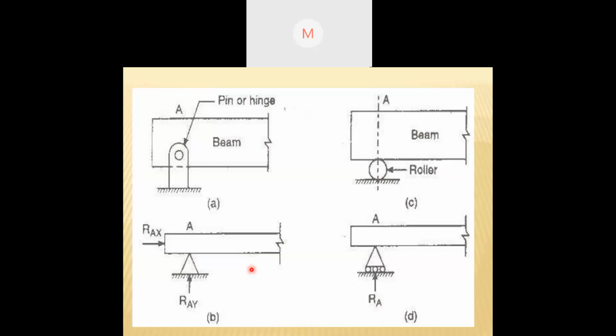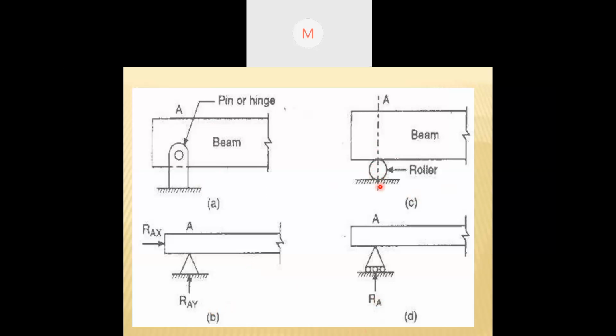Now, the difference between the hinge and roller. How will the reactions actually take place? Here, if you see figure A and figure C: figure A is a hinge support, and figure C is a roller support. Got it?